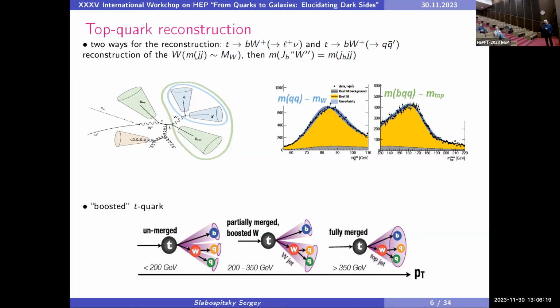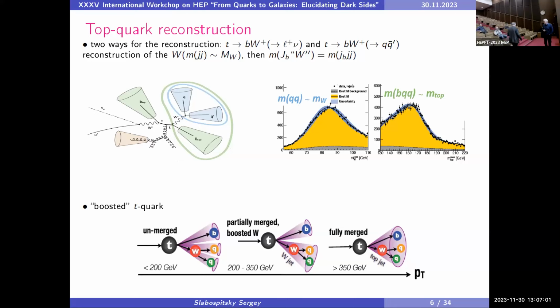We can reconstruct B jet momentum. Then we need to use some specific tricks to recalculate the reconstructed value to the initial quark energy and momentum, but during a reconstruction procedure we obtain some additional error. A typical picture which shows you the distribution of the invariant mass of the 2 light jets is presented here, it is the W. So we see more or less a peak at the mass of the W, but the width is very, very huge.